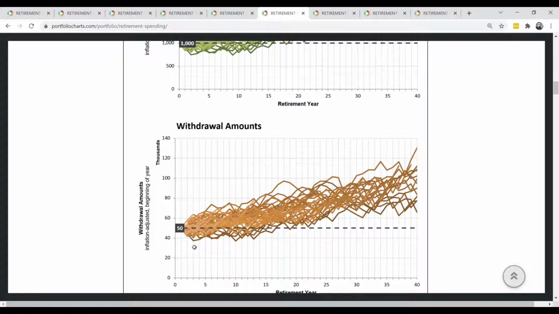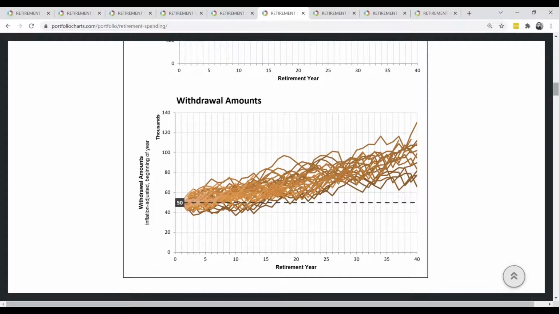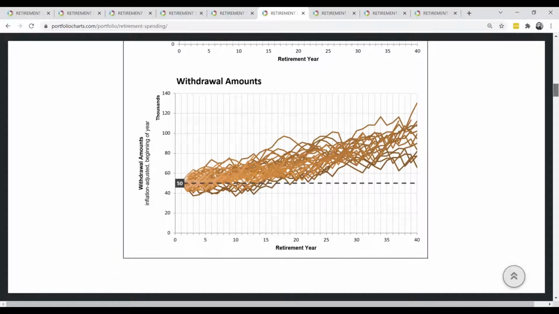And so what you're most concerned about here is if you took this strategy where you just took 5% of it at the beginning of the year, it could go down to $40,000. It could lose about 20% of the value, in which case your retirement income for that year would fall about 20%. Remember, this is adjusted for inflation, so that's already taken care of. But you can see how that looks.